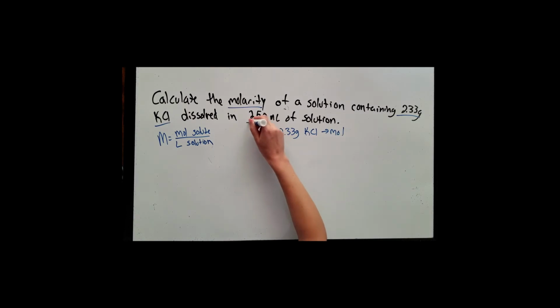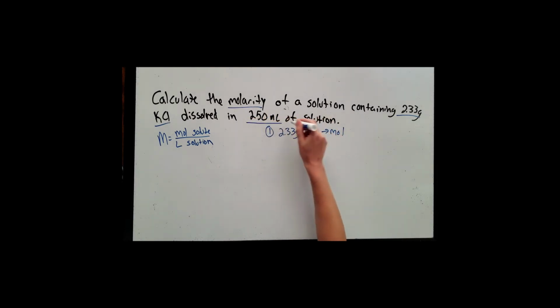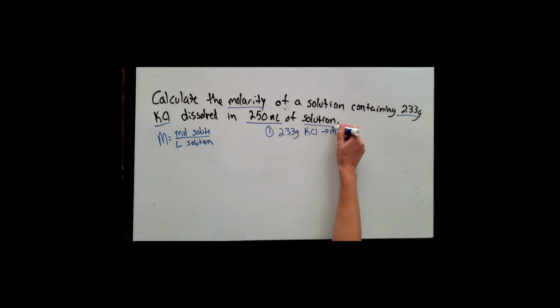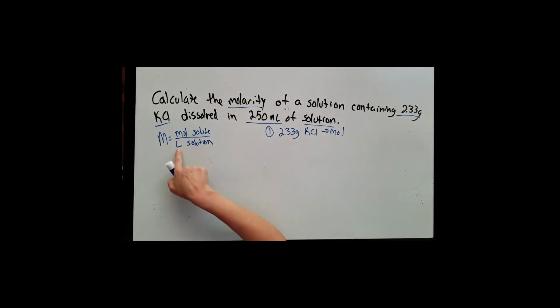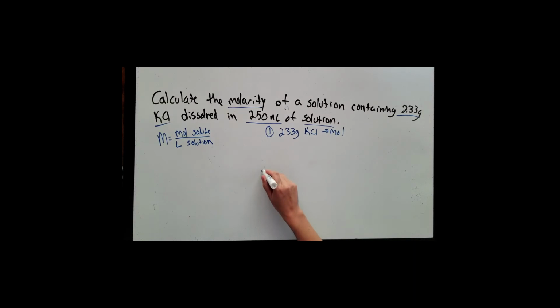Now the next piece of information is 250 milliliters of solution. Well, looking at the equation, I don't need milliliters of solution, I need liters of solution. So I'm also going to have to convert the milliliters to liters. So let's start by doing this first step. Let's get our moles first, because that's going to be the more intensive one.